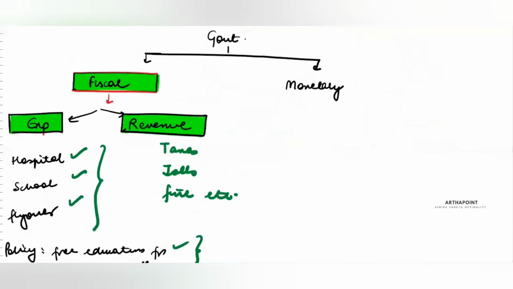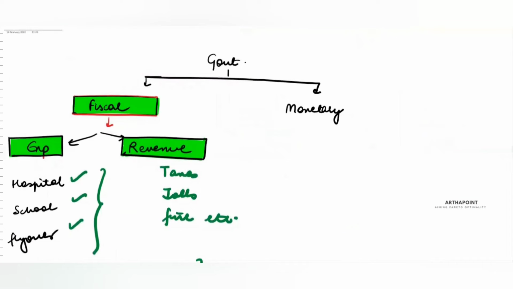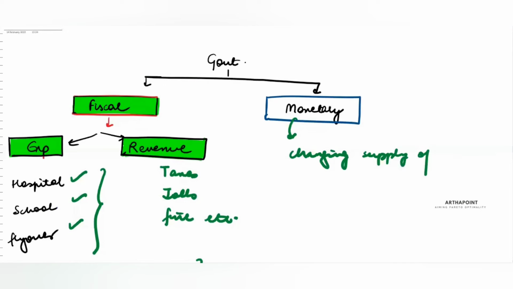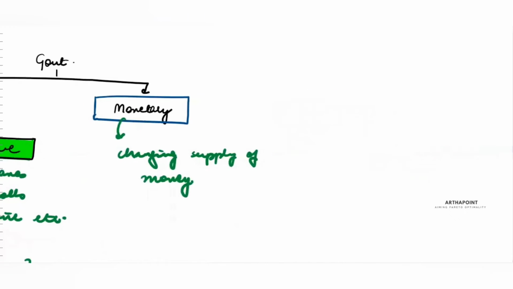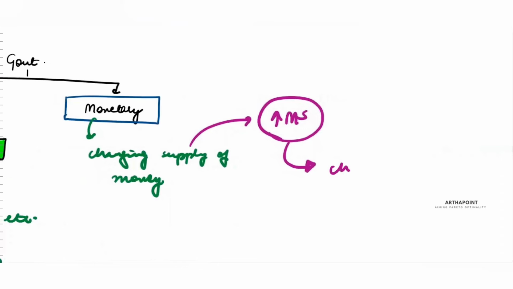Now, let's talk about monetary policy. Monetary policy is basically changing the supply of money. Whenever the government prints more notes, it will increase the supply of money. Printing more notes and increasing the supply of money is going to bring changes in the money market.